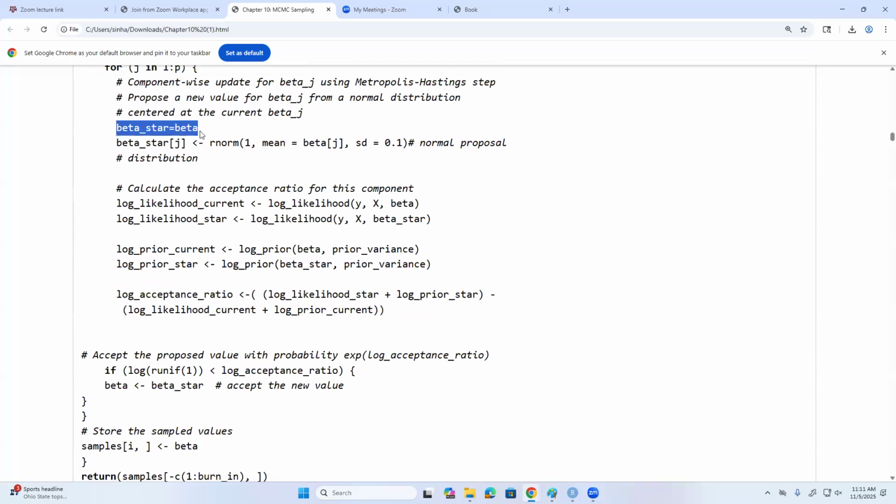Beta star equal to beta, I write here, and here beta equal to beta star. I believe I did not do anything wrong, because this beta star is a vector and I'm just updating the jth component, so it is fine. I was concerned whether I mixed up a vector with a scalar, because beta appears here also. It's a vector. Beta is a vector of regression parameters.